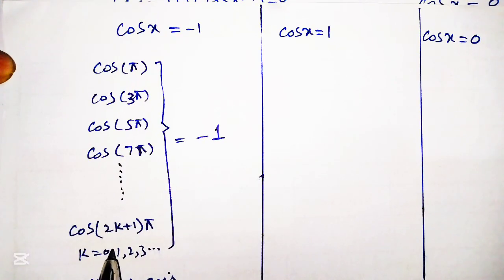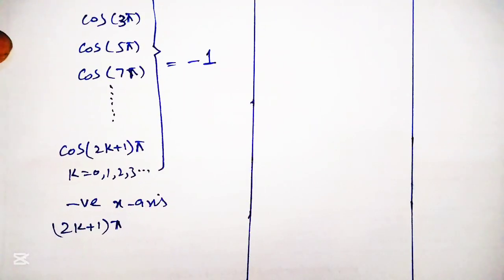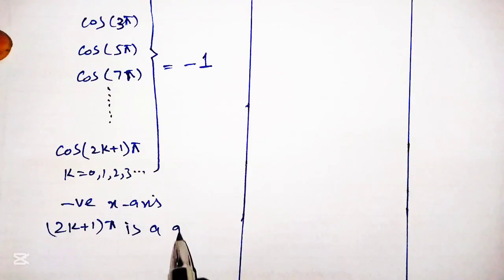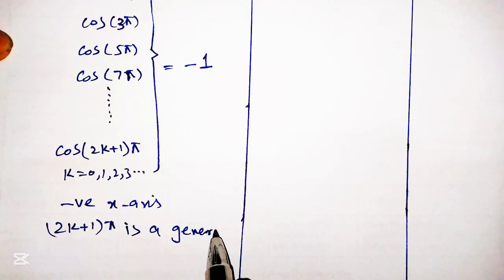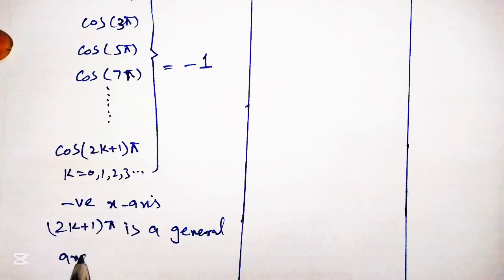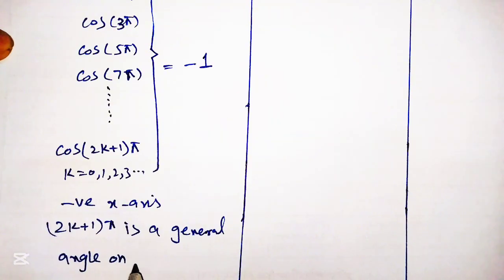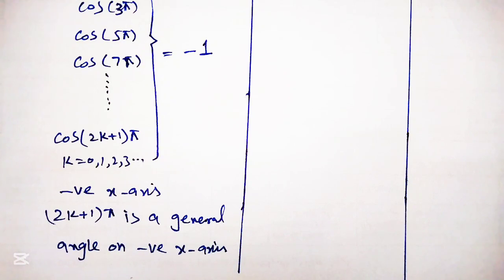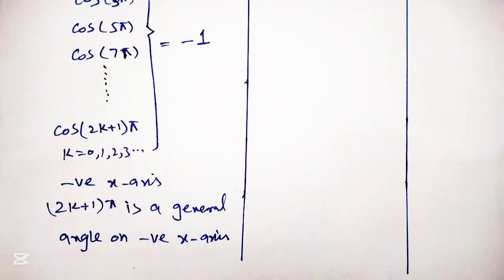So we can write that (2k plus 1) pi is a general angle on the negative x-axis, and on the negative x-axis the value of cosine is minus 1.